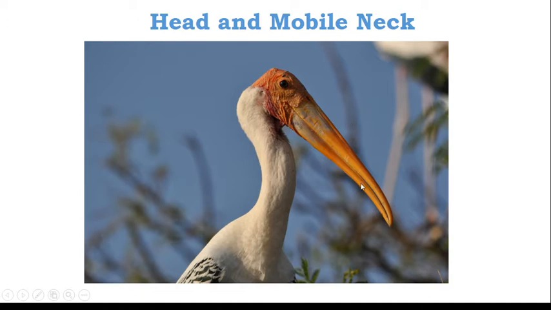This beak helps in feeding, and birds have a long flexible neck which helps in movement of the head. The head can rotate 180 degrees on either side. So beak is present without teeth, and the long neck helps in rotation of the head at 180 degrees on either side.